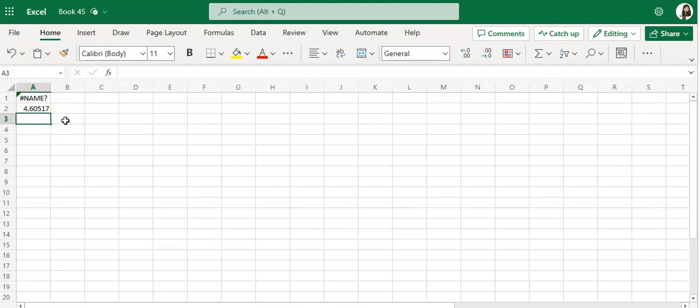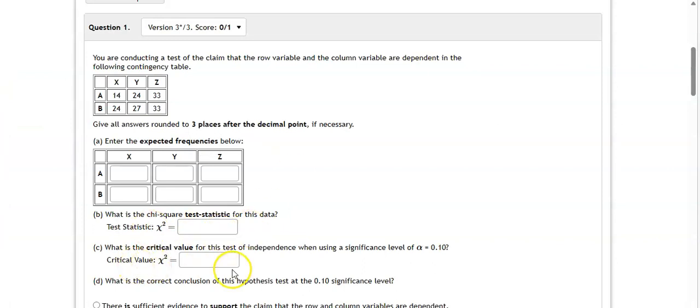I'm going to write that down, 517. So our chi-squared critical value here was 4.60517.